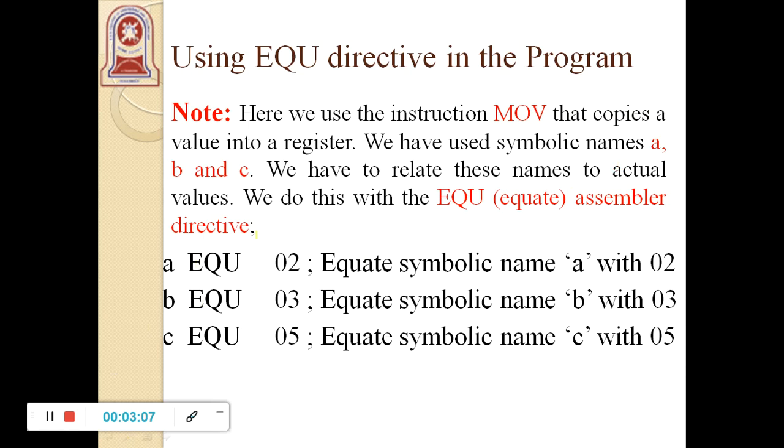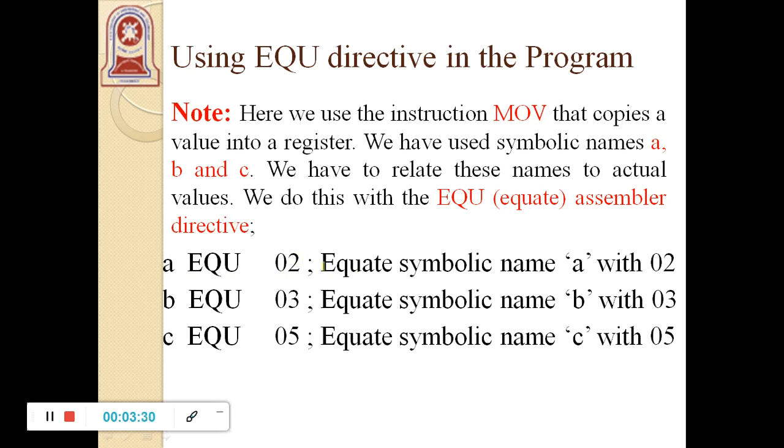See here, A EQU 2. As I told you, the leftmost part of the program is reserved for labels. When I say label, A is acting as a label, which automatically takes my address. Now I am equating the value of A to 02.